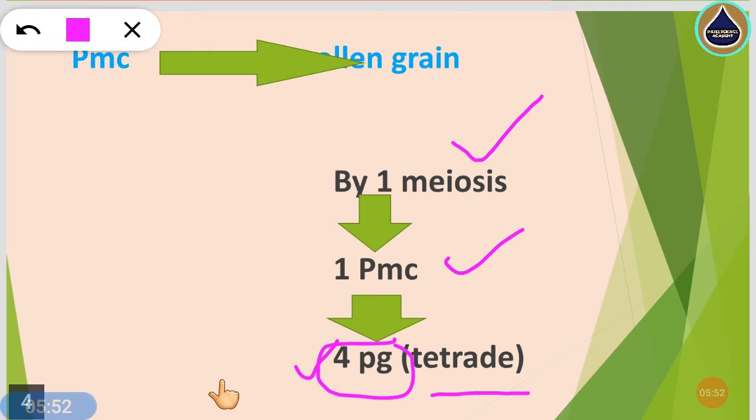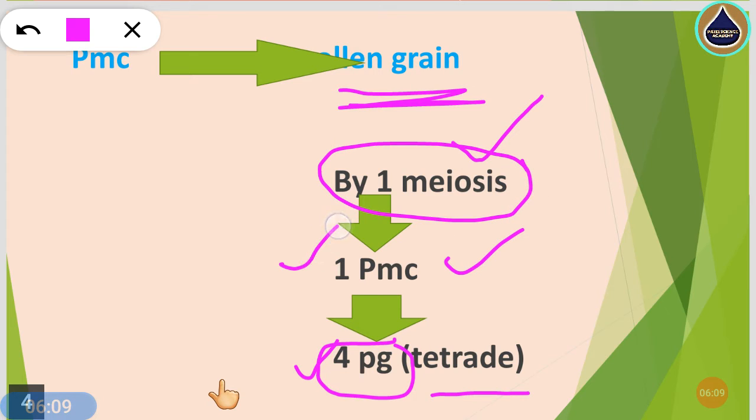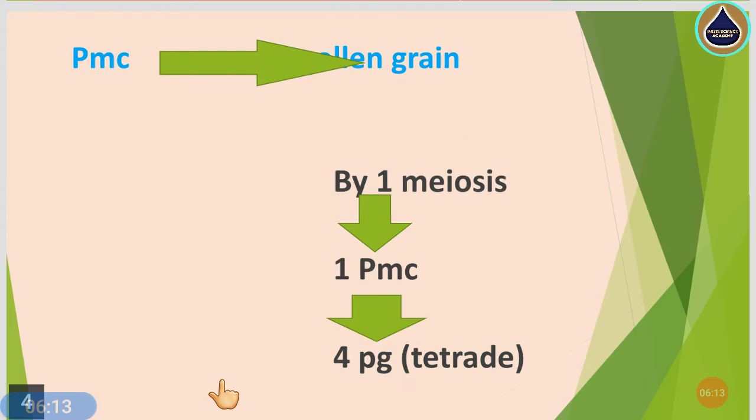So it is now clear that there is no single pollen grain formation in the flower as far as the male part is concerned. So by one meiotic cell division, one pollen mother cell converts into 4 pollen grains.